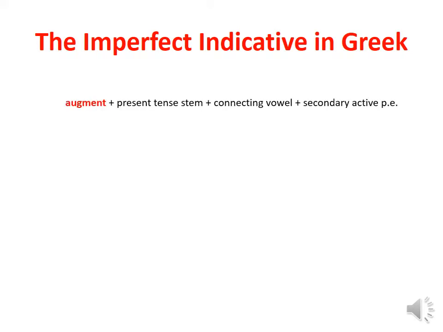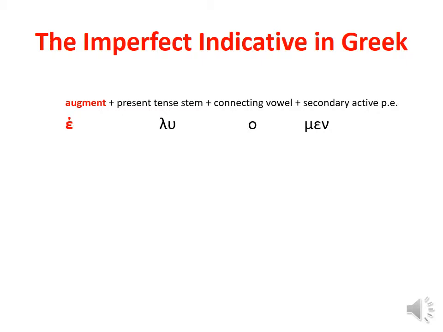Okay, so to form the imperfect indicative in Greek, you've been taught so far that verbs have three or four parts: a stem, a connecting vowel, a personal ending. This chapter we add something called the augment. The augment will usually appear as an epsilon preceding the prefix. It's called an augment because it's simply a lengthener, sort of a verb augmentation procedure.